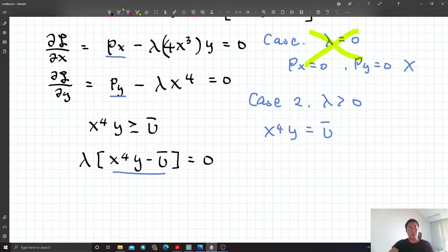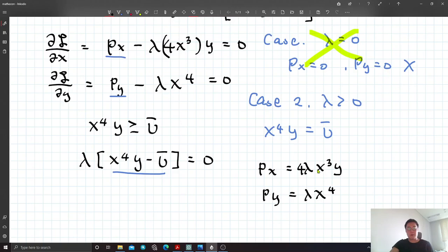Px equals lambda x cubed y, okay? If I rewrite this first equation, then I obtain this one. And p sub y equals lambda x to the power 4th.